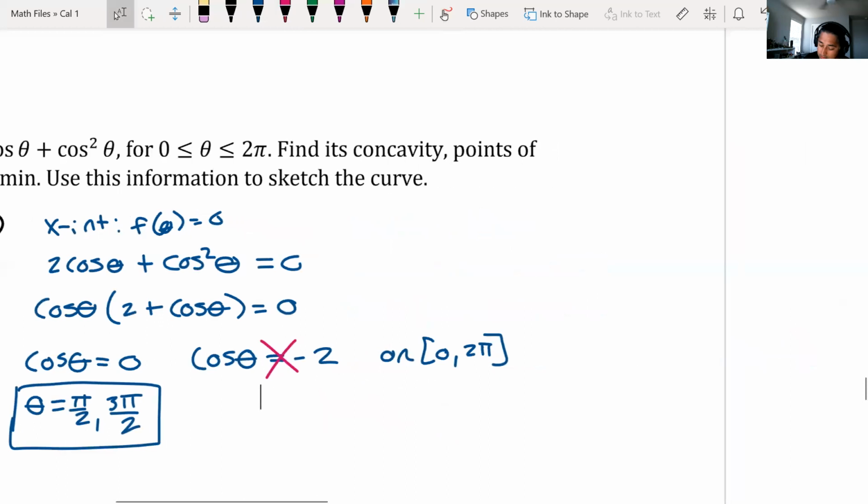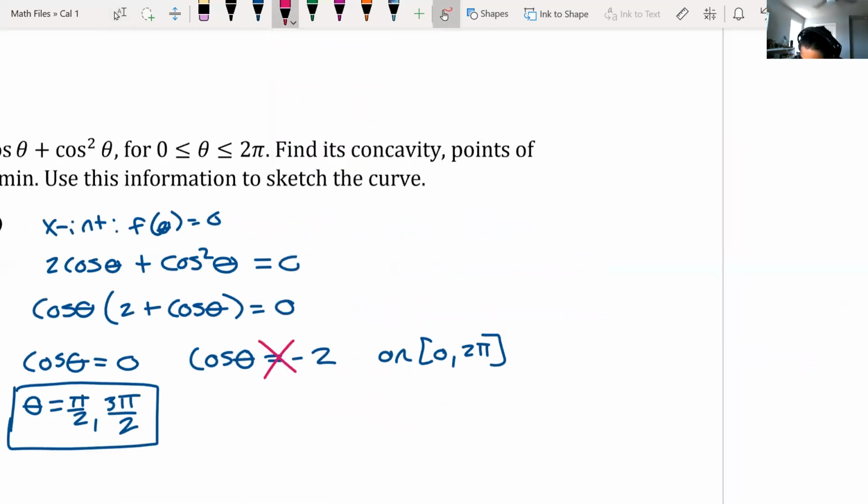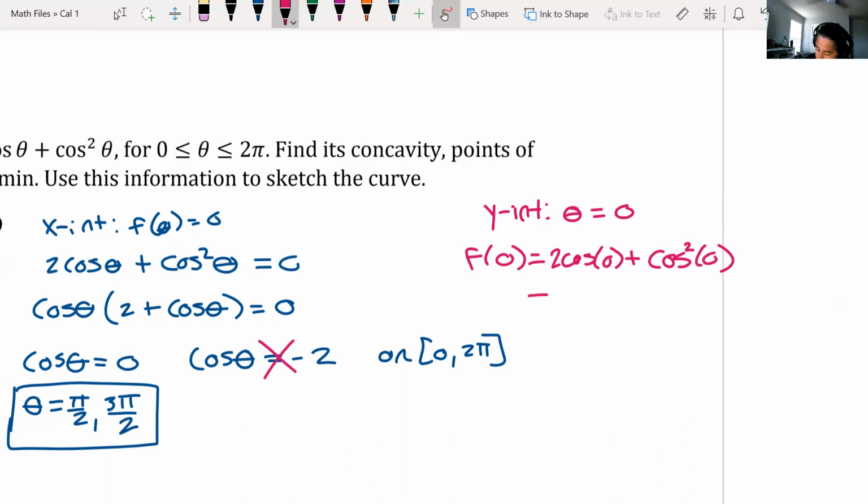And now we want that y-intercept. That theta equals 0. So you'd get f of 0 equal to 2 times cosine 0 plus cosine squared 0. All right.